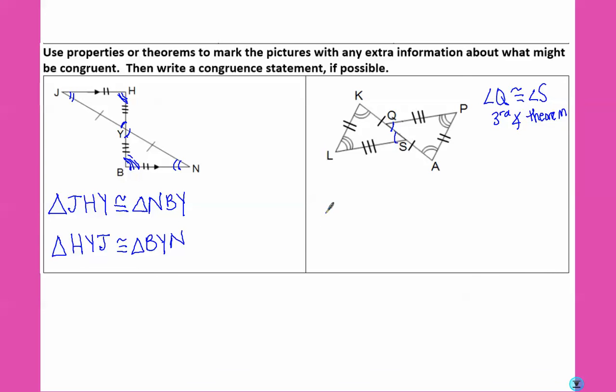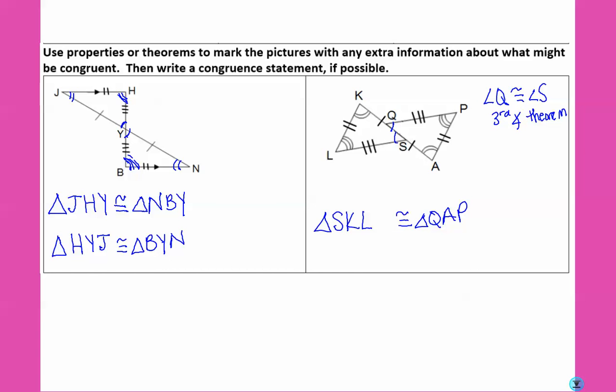So therefore, I can say triangle S, start with S there, use my congruent angles. I'll have to start with Q, then K. K has 2 congruence marks, so A would be next in my other triangle, and finally L and P. So triangle SKL is congruent to triangle QAP.